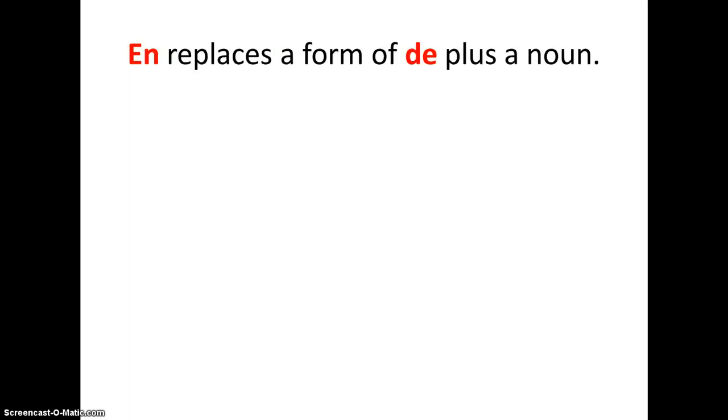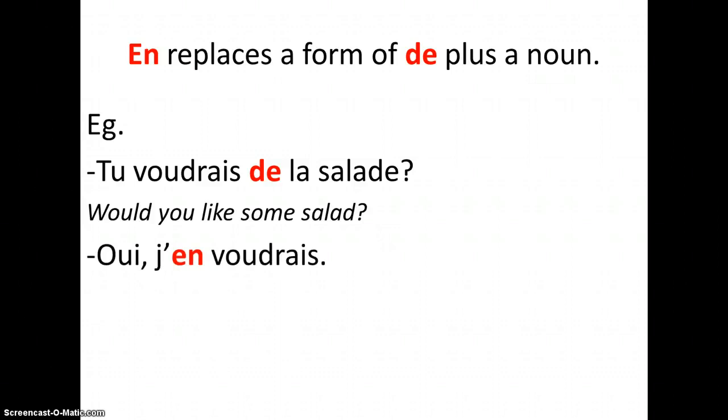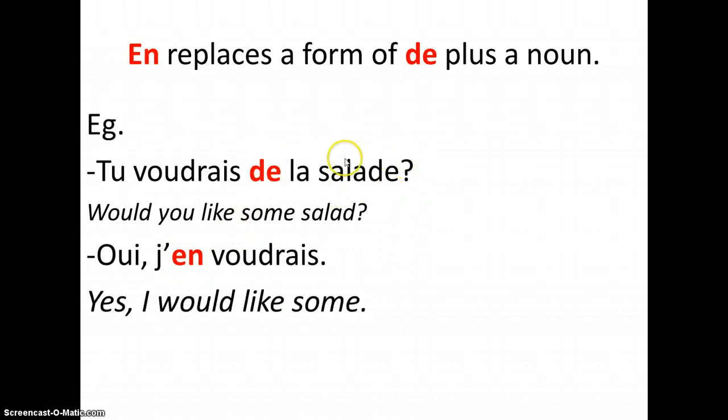Let me go ahead and show you an example here. In this question, you say tu voudrais de la salade? So would you like some salad? The answer will be oui, j'en voudrais. You notice here, tu voudrais de la salade, you want some salad, so I would like some. The en here replaces the whole de la salade.